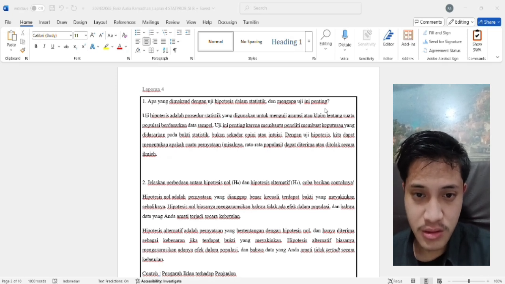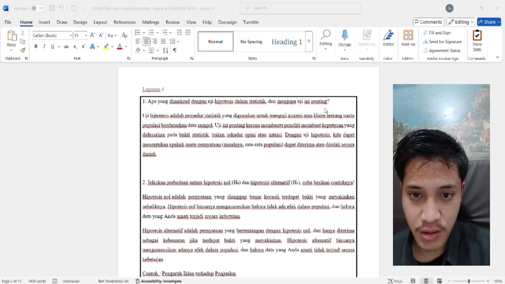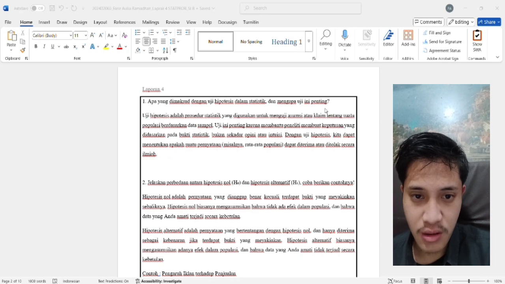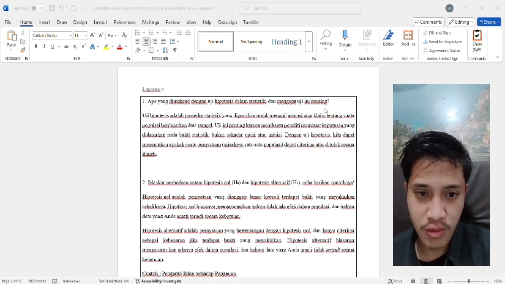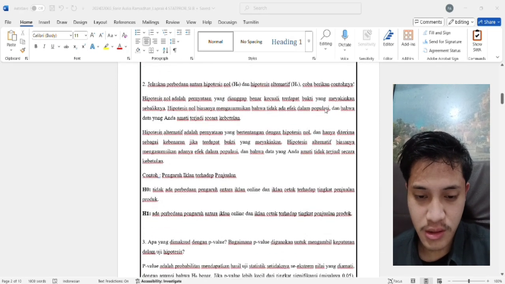This test is important because it helps researchers make decisions based on statistical evidence rather than just opinion or intuition. With hypothesis testing, we can scientifically determine whether a statement, for example a population mean, should be accepted or rejected.